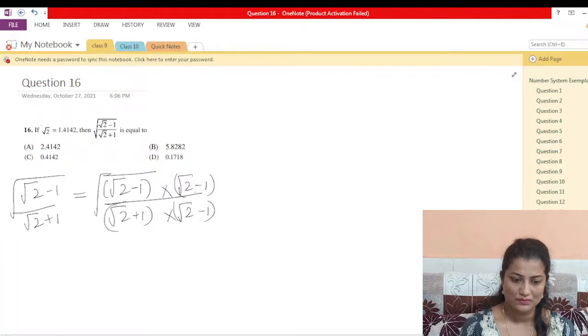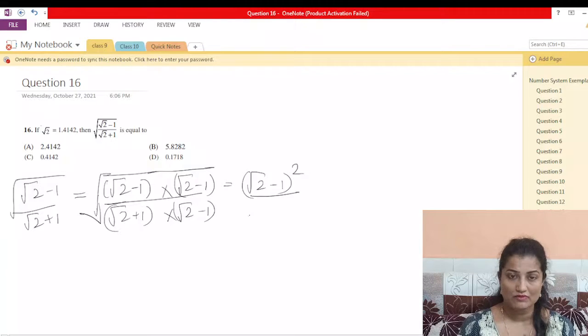We are multiplying both the numerator and denominator by root 2 minus 1, and this is under the entire root. Fine? Okay. Now the numerator becomes root 2 minus 1 whole square, and the denominator becomes, using the identity a minus b, a plus b, root 2 whole square minus 1 square, and the entire thing is under the whole root, right?